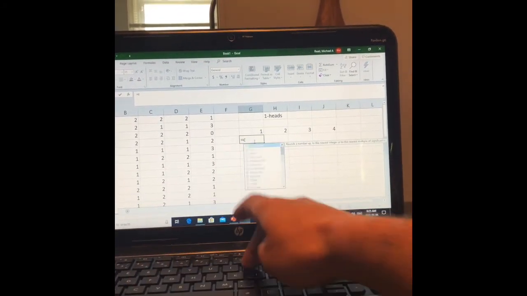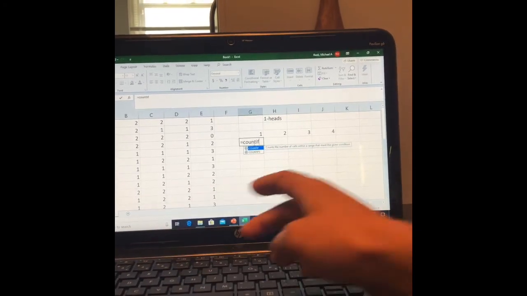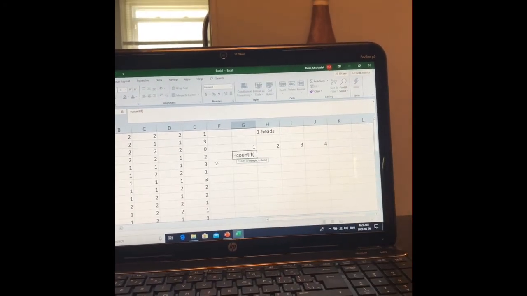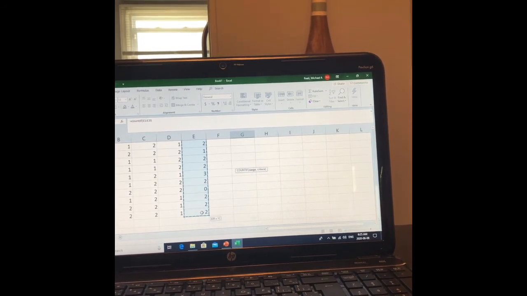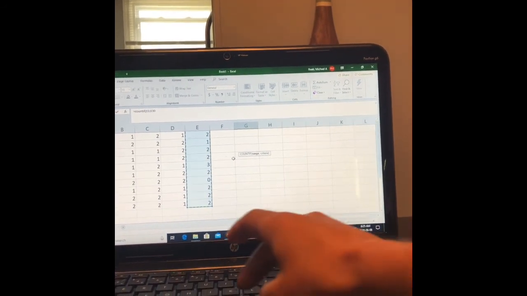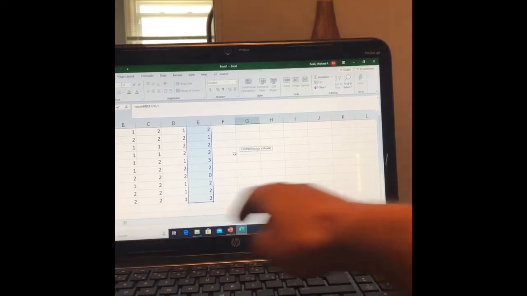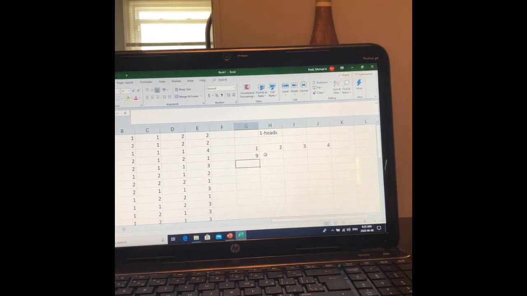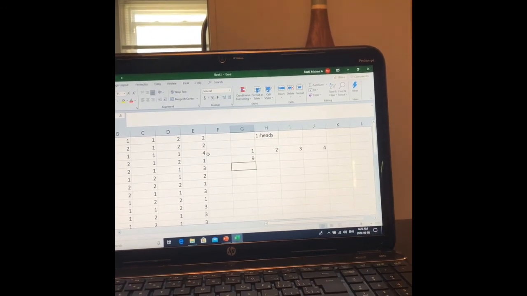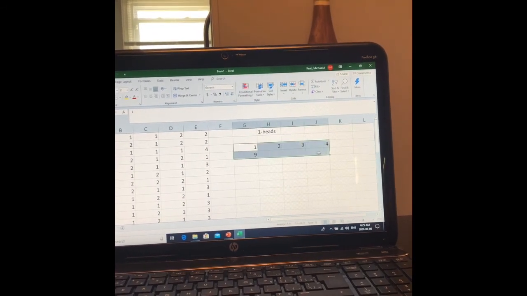Equals COUNTIF, and I'm just going to look at that last column. COUNTIF it is a 1. I should probably put 0 in there as well. I could get 0 heads.